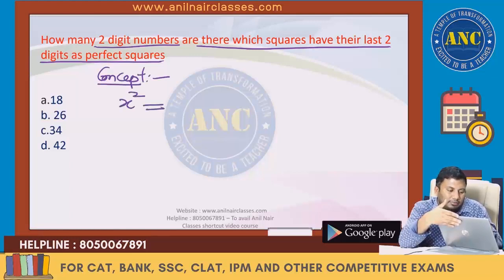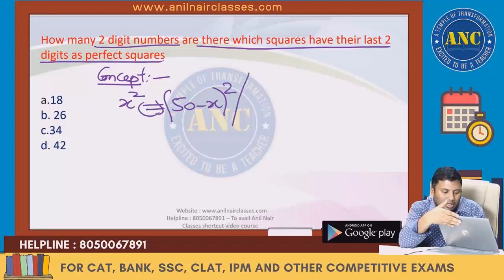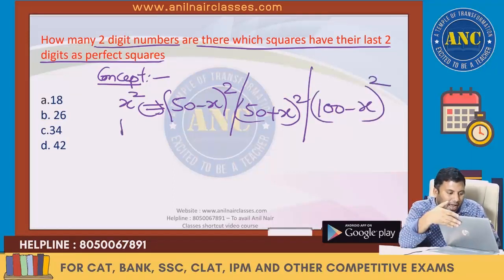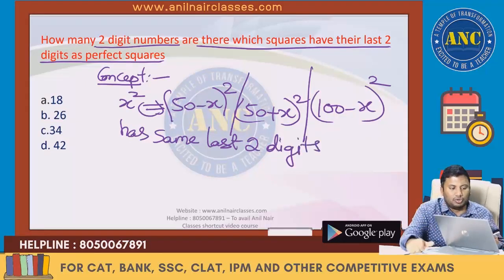X square, 50 minus x whole square, 50 plus x whole square, 100 minus x whole square, all have the same last 2 digits.